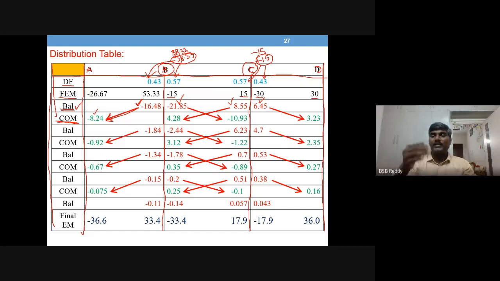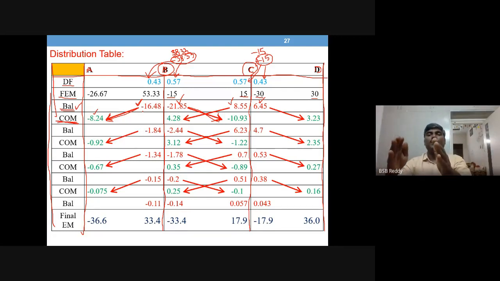Because that is a continuous support. Okay, so that is the reason you have to carry to the C also. Okay, so minus 21.85, half the value, right? So joint B carryover moments are done.